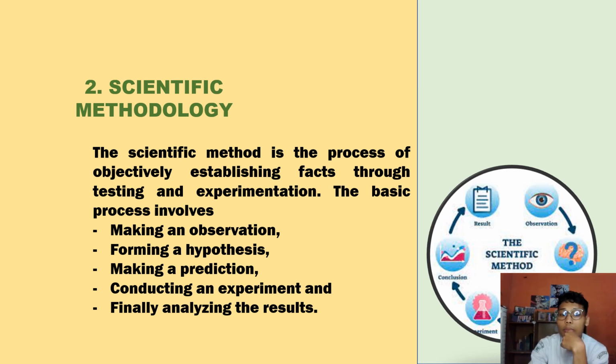The scientific methodology is the process of objectively establishing facts through testing and experimentation. The basic process involves, the first one, making an observation, forming a hypothesis, making a prediction, conducting an experiment, and finally analyzing the results.